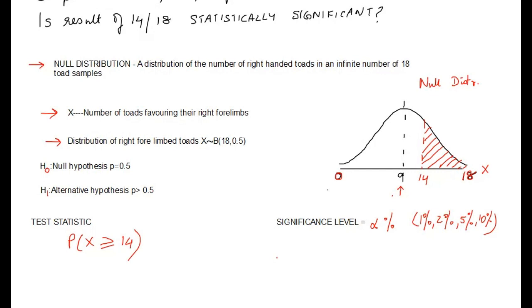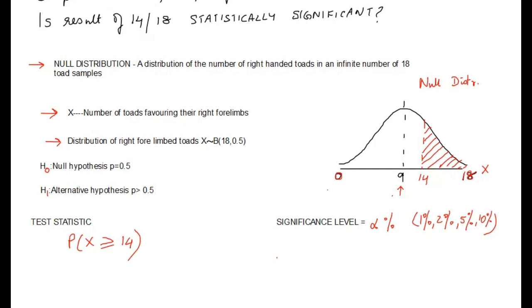If this probability value, shown shaded in red, is high, then we can say that the result that we got of 14 out of 18 is probably statistically insignificant, because if you randomly choose a sample of 18 toads, you could very well get the same result. Okay, it's not hard to get a 14 out of 18.